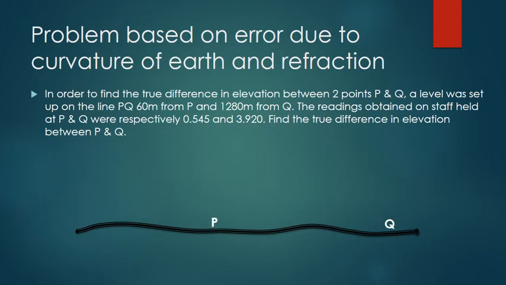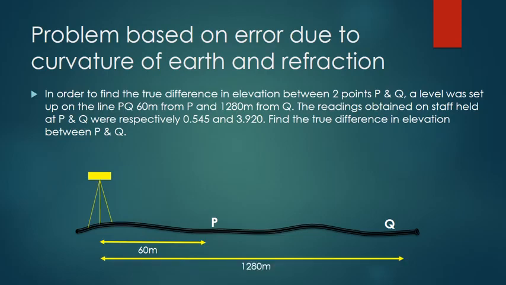Here are the points P and Q. Now our instrument is to be set up in such a way that it is set up on the line PQ, and our instrument is 60 meters away from P, and it is 1280 meters away from Q. So as both staffs were held at P and Q, the corresponding readings taken at P was 0.545, and at Q it was 3.920. So this is the setup that we are going to do in the particular field.